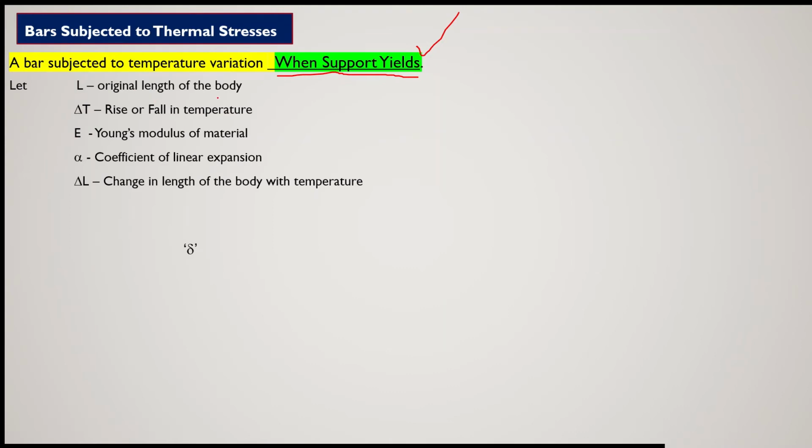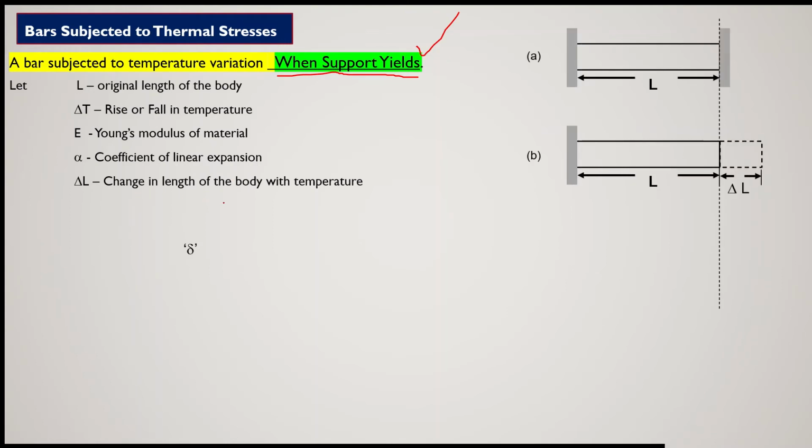L is the original length of the body, delta T is the rise or fall in temperature, E is the Young's modulus, the modulus of elasticity of the material, alpha is the coefficient of linear expansion, and delta L is the change in length of the body with temperature. So the same figure we have taken from the earlier slide.